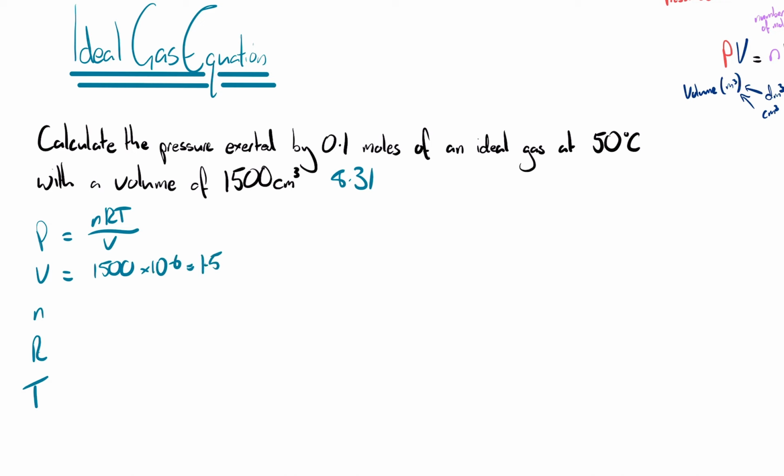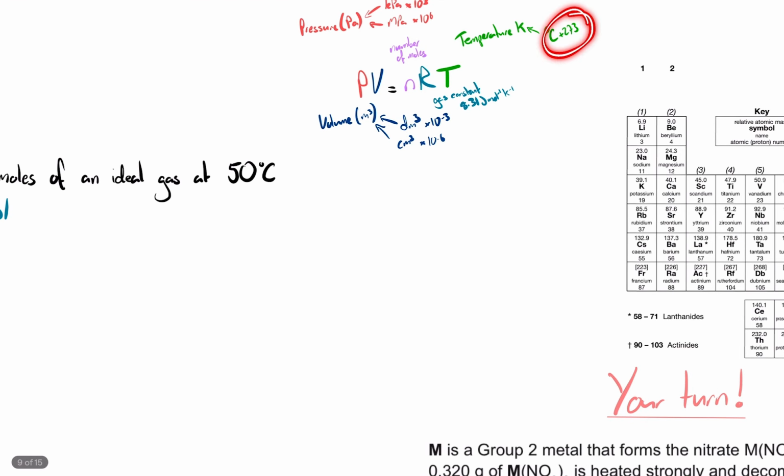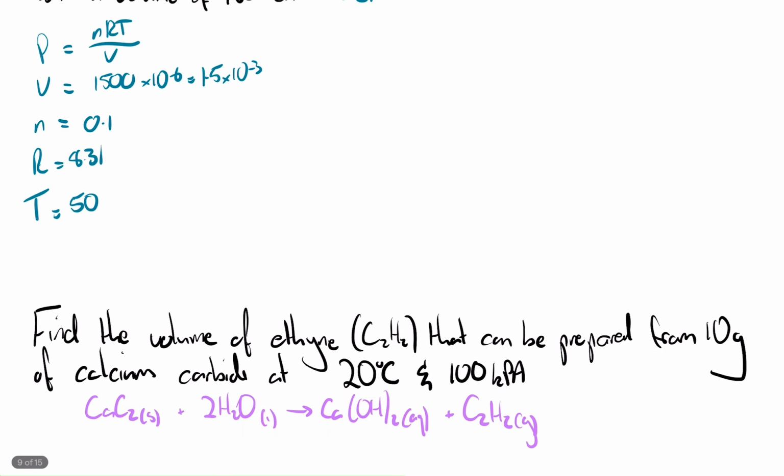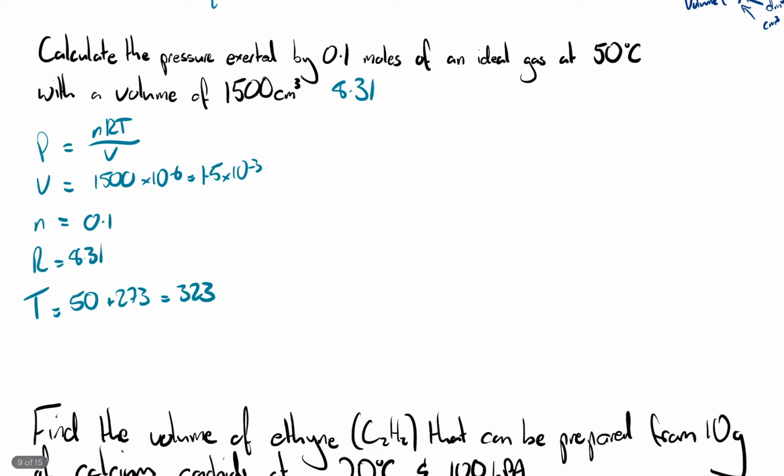N, we're told in the question, 0.1. R will be given in the question, 8.31, and temperature we're told is 50, but that's in degrees centigrade. So we need to convert by adding 273. And there we get to 323. Then we just plug all of that in our calculator.